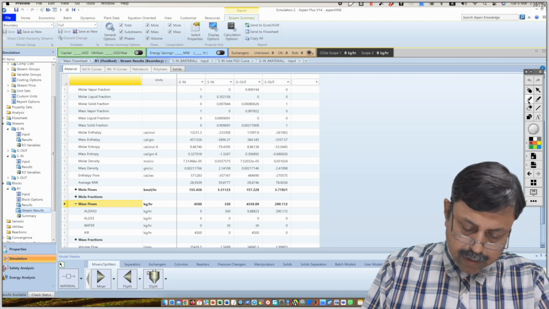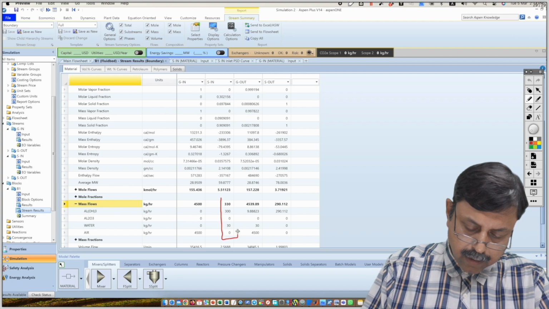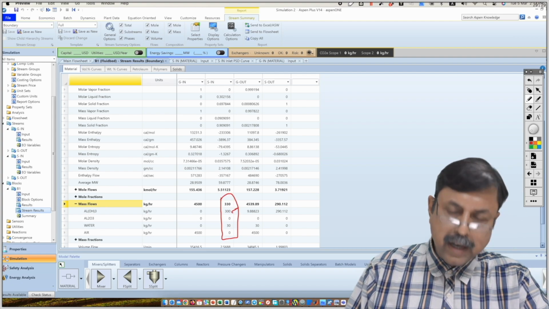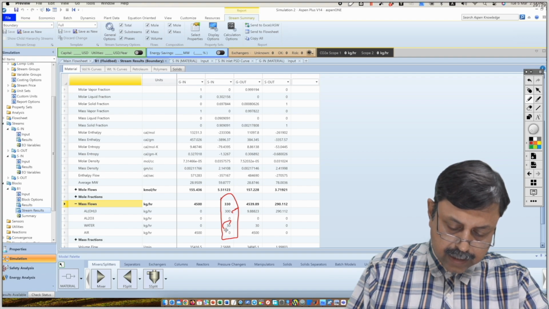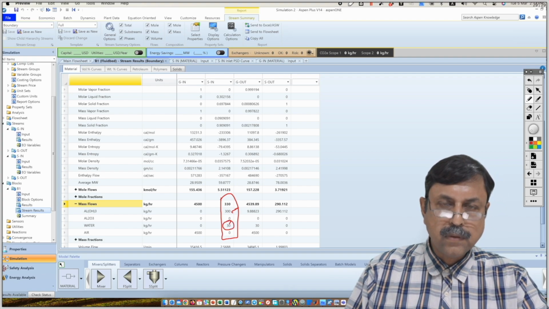This is the solid in, where you have 300 kg per hour of aluminium hydroxide and 30 kg per hour of water.